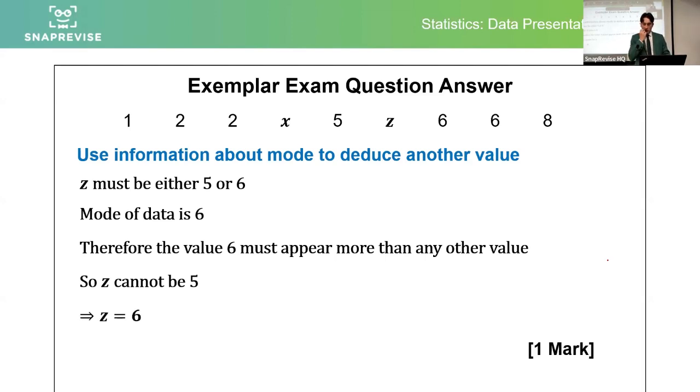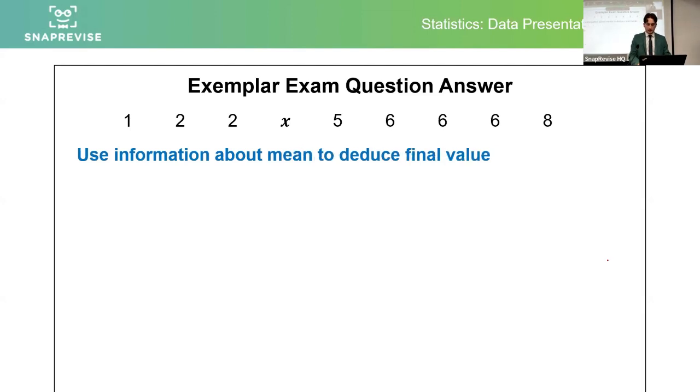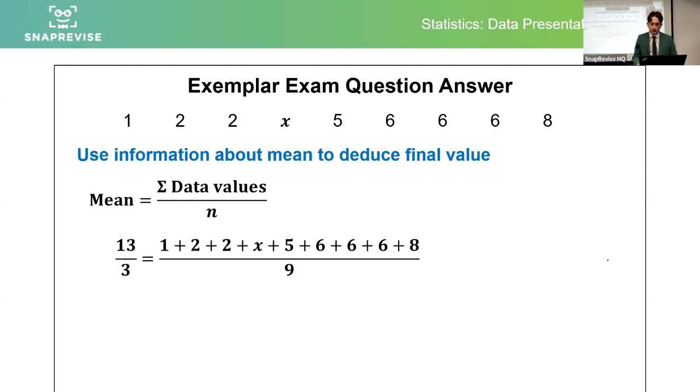So if we now know that Z is 6, we've got to use the mean, and do the reverse mean, which we know is the sum of all the values divided by the 9 values must equal 13/3. So this is hopefully a relatively simple one to solve. We can cross multiply or look at equivalent fractions.